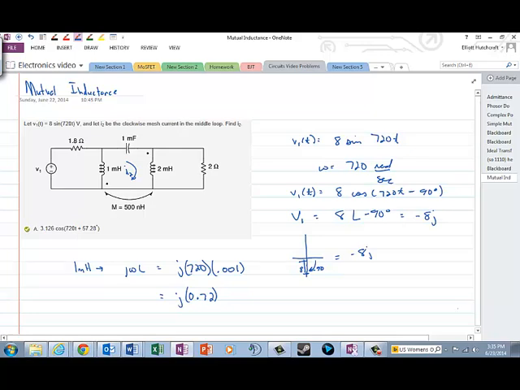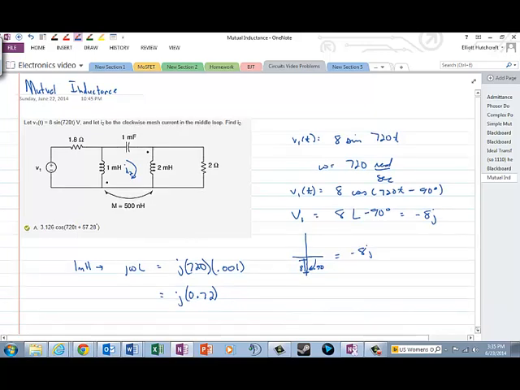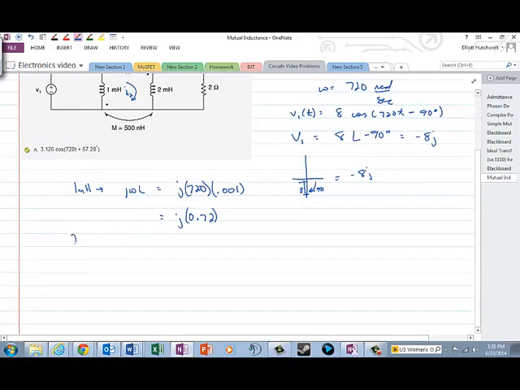For the 2 millihenry inductor, j omega L is twice what we just found, so that's going to be j 1.44. And of course these units are ohms.